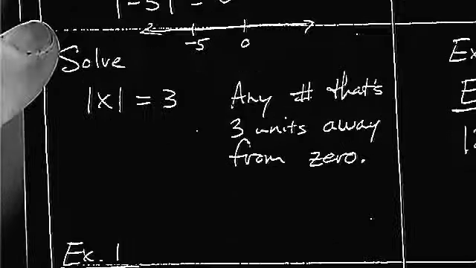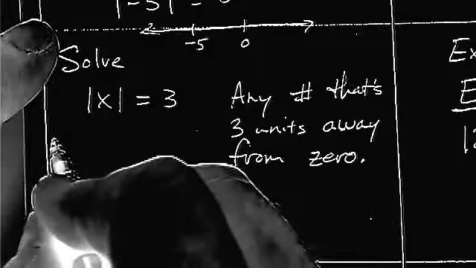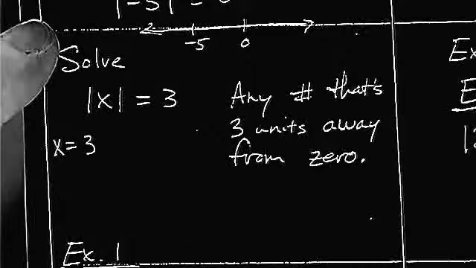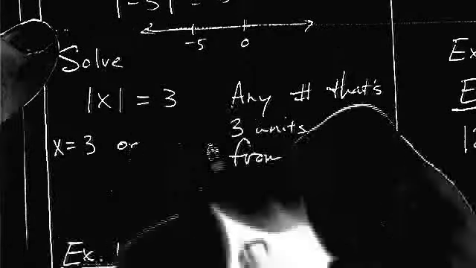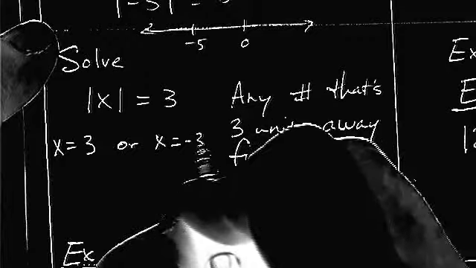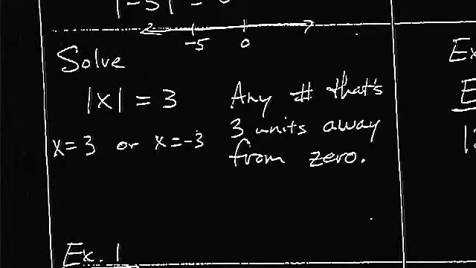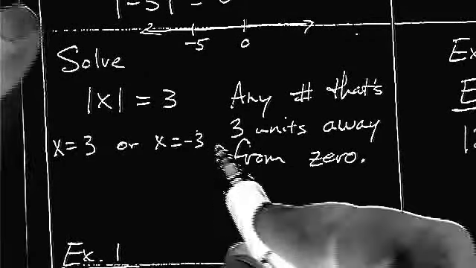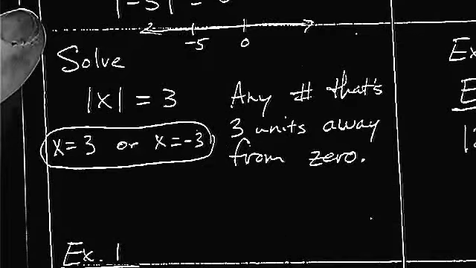Obviously, there are two numbers in the universe that are 3 units away from 0. x equals 3 or x equals -3. Those are the two solutions that would make that a true statement.